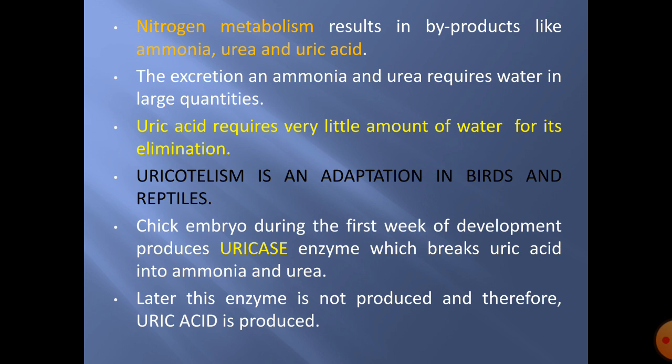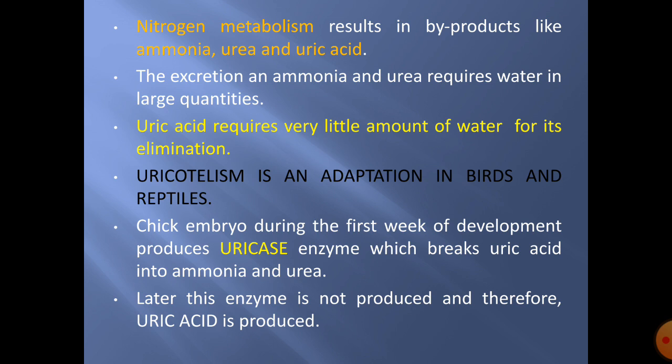Thus, uricotelism, that is excretion of uric acid as the predominant nitrogenous waste product, is invariably an adaptation in birds and reptiles. Then the chick embryo during the first week of development produces the enzyme uricase, which breaks uric acid into ammonia and urea.